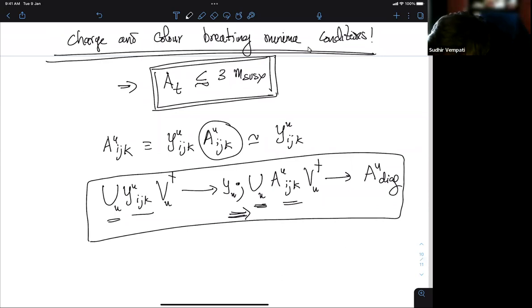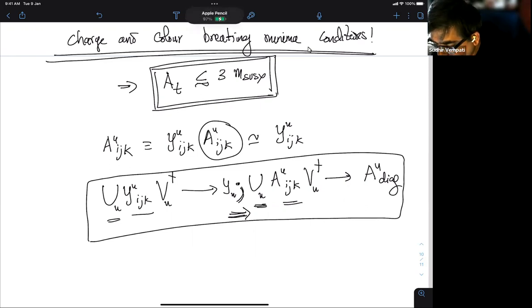But maybe in a couple of classes down the line, before discussing supersymmetry breaking models, which I'll start next Tuesday, I'll discuss a little bit about flavor constraints. And what you will see is that the flavor constraints on these left-right terms, like A terms, are very, very strong compared to the diagonal ones.